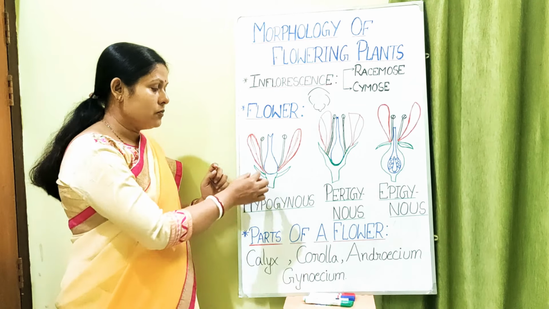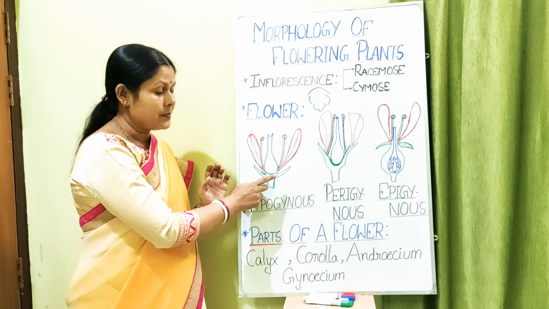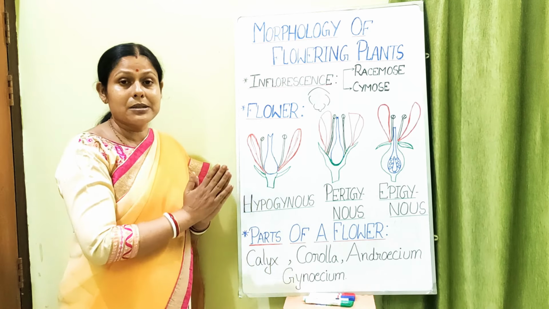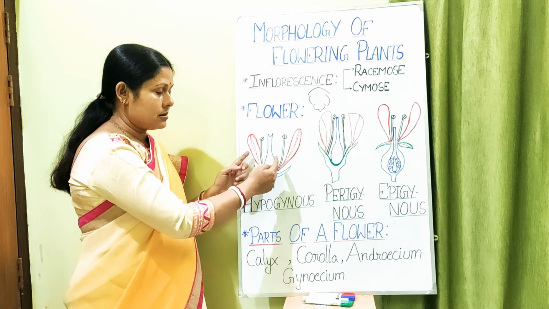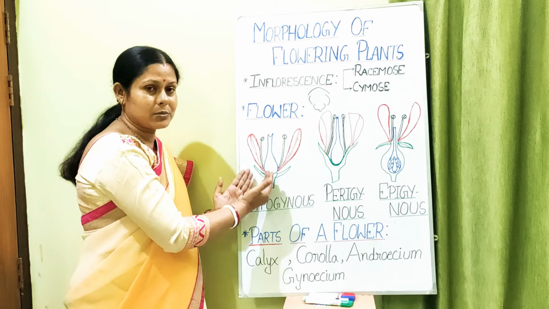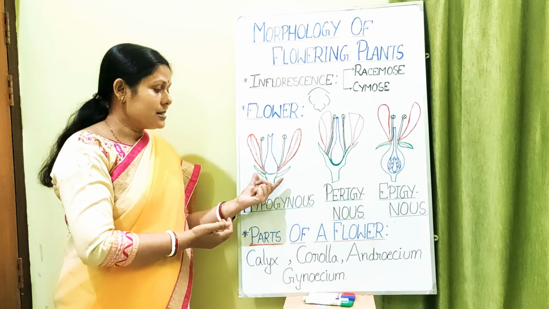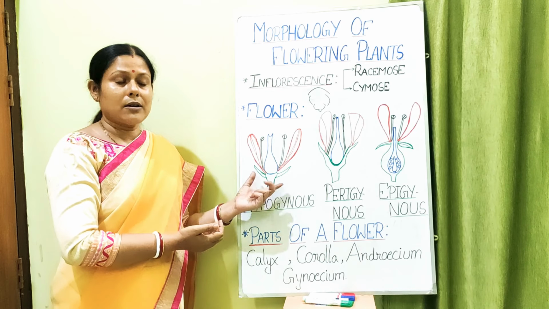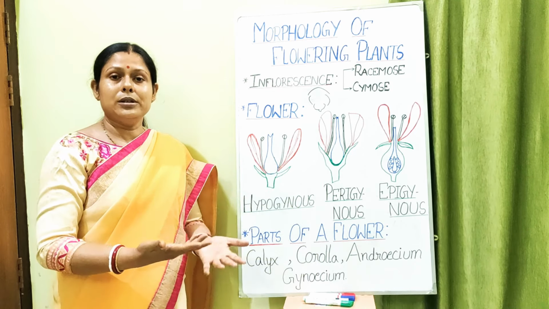The gynoecium will be placed in the thalamus in such a manner that the calyx, the corolla and the androecium all arise from the bottom of the gynoecium. In such a case, we call this flower a hypogynous flower, and the ovary is called the superior ovary.